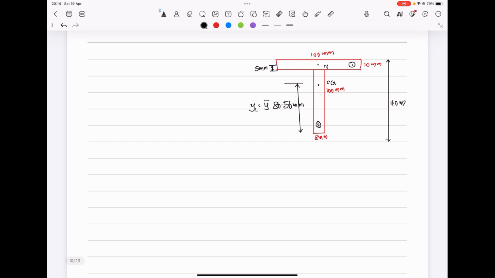Please try to understand the concept. 100 minus 80.56 is equal to 19.44 mm.